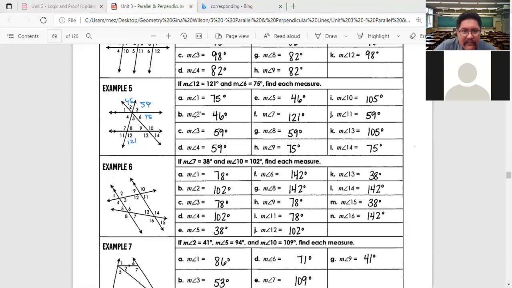You can start filling this out as you go along, because it's easier when it's on the diagram to look at it. Then angle 4 is vertical to angle 3, so since they're vertical, 3 and 4 would be congruent. So they're both going to be 59 degrees.